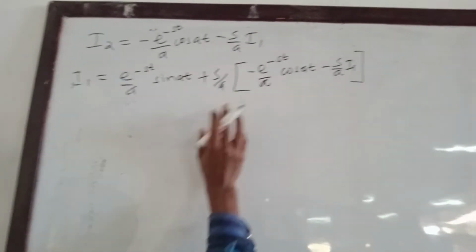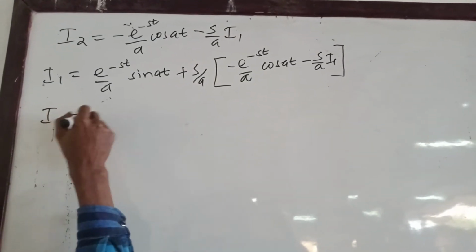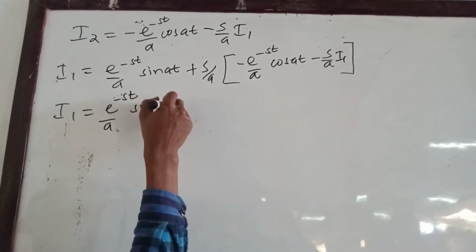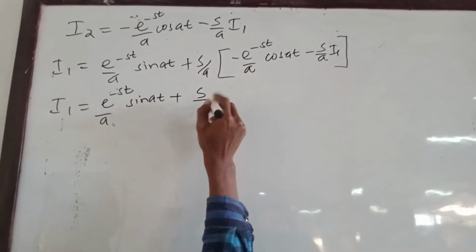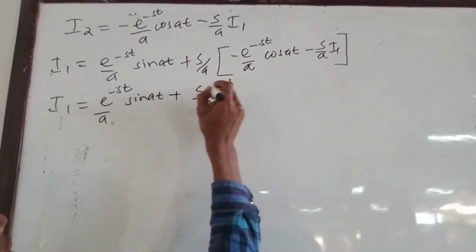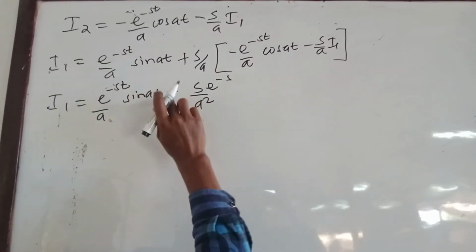Okay, so now we need to open this bracket here. So we'll write I1 is equal to e minus st over a sine at plus, this will be s over a squared. A times a is a squared. This is e minus, which now this minus here, remember there is a subtraction sign here, will come here.